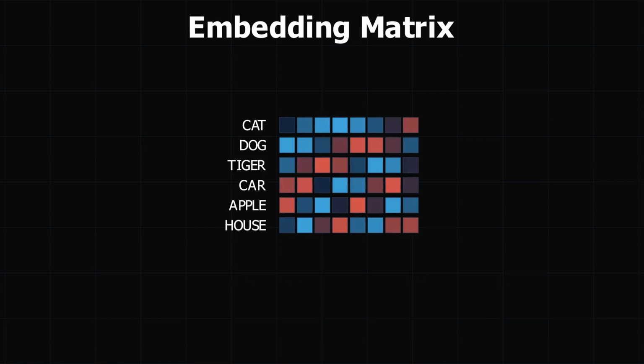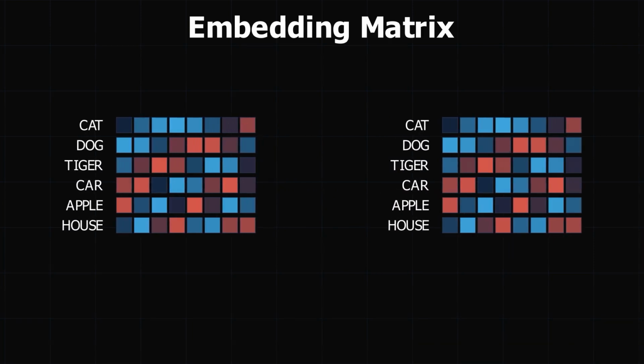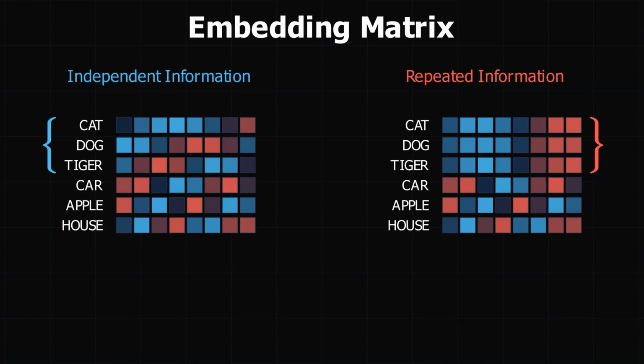Each word contributes new independent information. The embedding matrix can now represent language much more richly. This is exactly why matrix rank matters. The more independent information a matrix can represent, the richer its representations can be. And that's why rank becomes such an important concept throughout transformers.